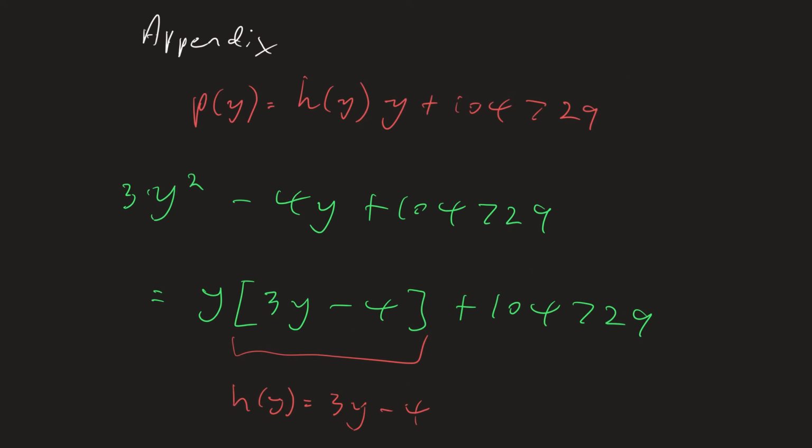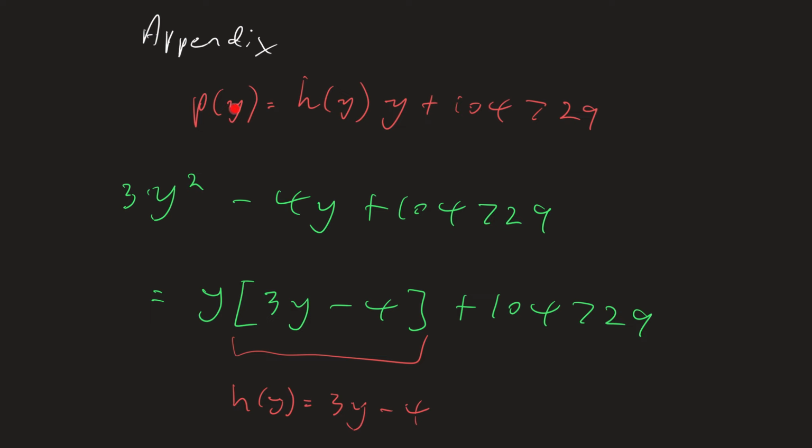We now come to the appendix, where I promise to elaborate on why I claim that my P of y has to take this particular form here. First I'll explain why by way of example, and then on the next page I'll give a somewhat complicated looking rigorous answer. But this should be good enough for most people.